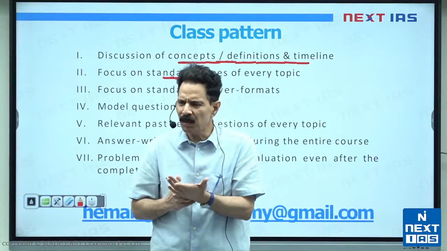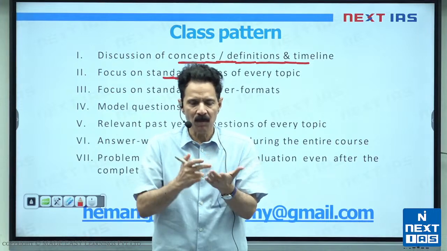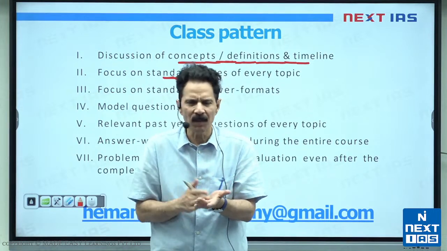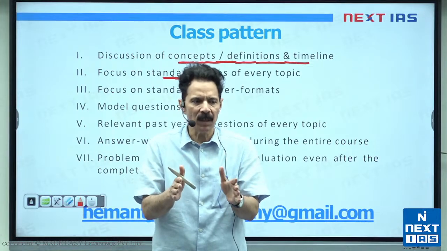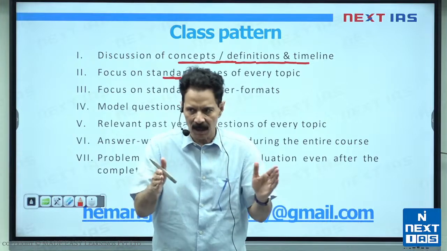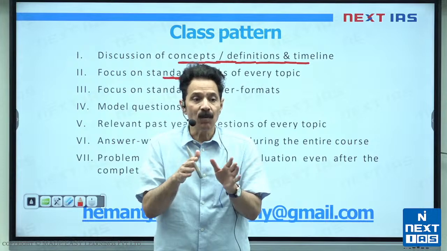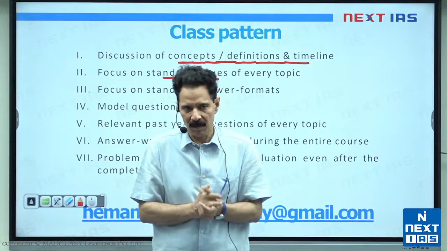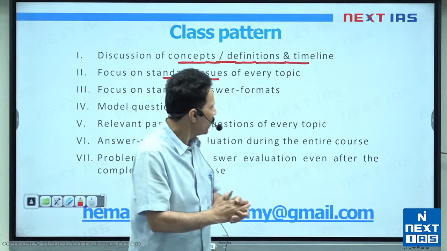In humanities, suppose history, pol science, sociology, in every optional, 5 to 6 months roughly. And if you work very properly, you can complete with the class, with answer writing. After that, the only thing needed is revision. Is it fine? All right.